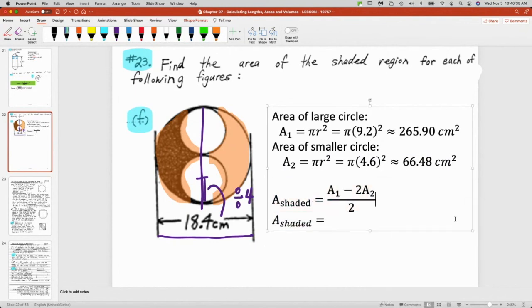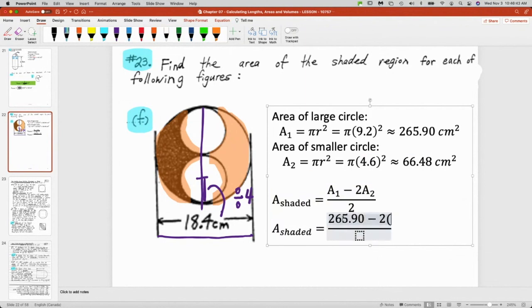Okay, so we have the area of the shaded region. We're ready to go now. We just toss in some numbers. So we have here 26590 minus 2 by 6648, and divide the answer by 2. So I'll just do that on my calculator as well. What did you get?